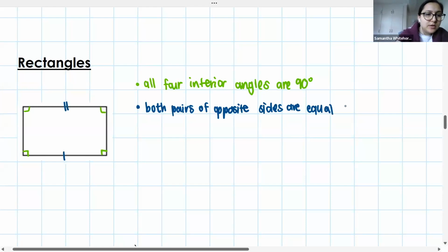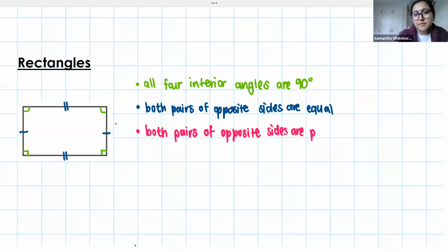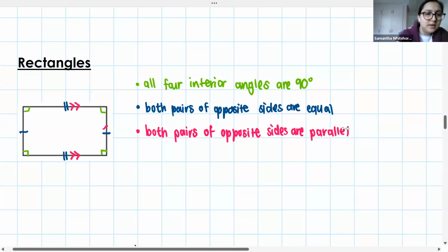So those opposite sides are equal to each other. Another one that came in is the fact that we've got both pairs of opposite sides parallel. Can't write and talk at the same time. Okay, so opposite sides are parallel.